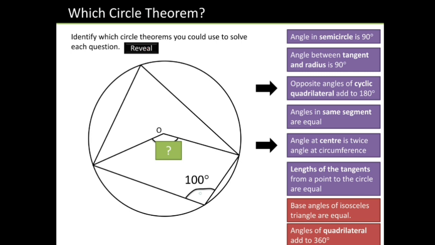So if this is 100 degrees, the opposite angle in the quadrilateral inscribed in the circle will be 80 degrees. The other theorem we're going to use is angle at center is twice angle at circumference. So this will be double the angle at the circumference, so this will be 160 degrees.